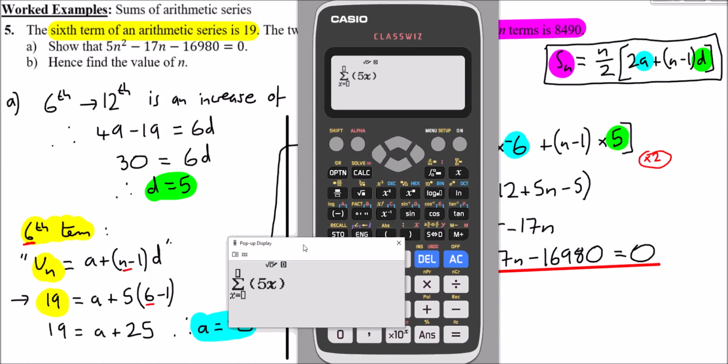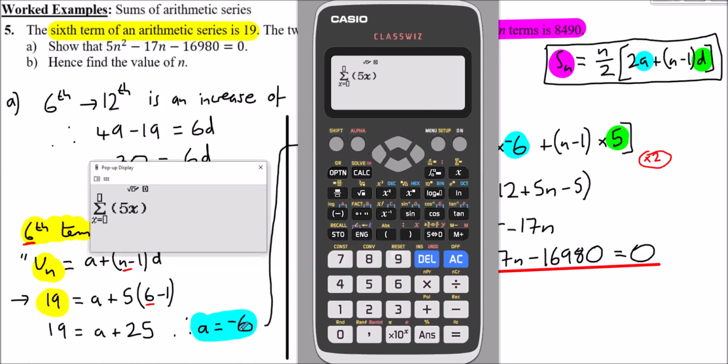Now the first term here was negative 6, and minus 6 is 11 lower than 5. So this would be an expression for the nth term of this sequence. And we want to show if n is 60, the sum of the first 60 terms should give 8490. And if we press this, just to verify, you can see indeed that it is 8490. It checks out and it's true.